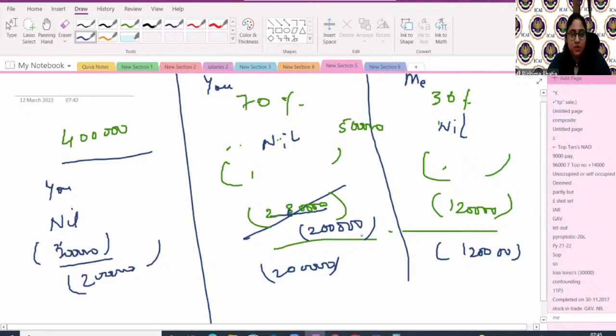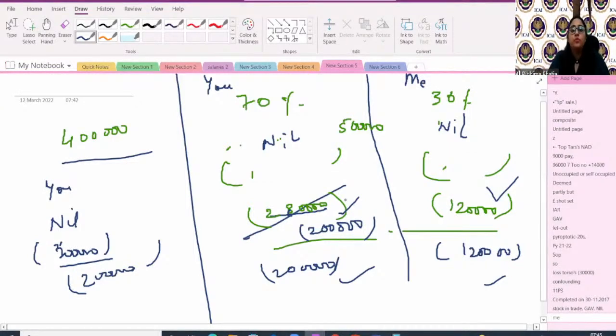But since there is a concept of co-owner, each co-owner gets his own set of relief. So this 2 lakh limit is for each co-owner. That's why 2 lakh plus 120, at least 320, you are getting as interest deduction in separate taxpayers' hands.